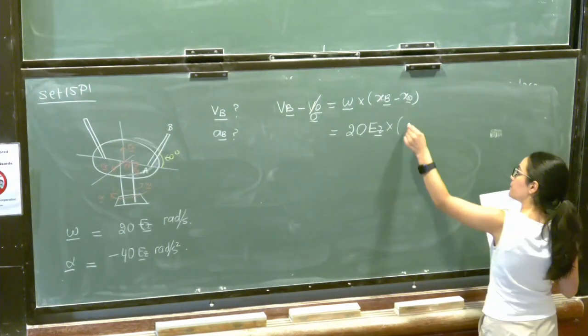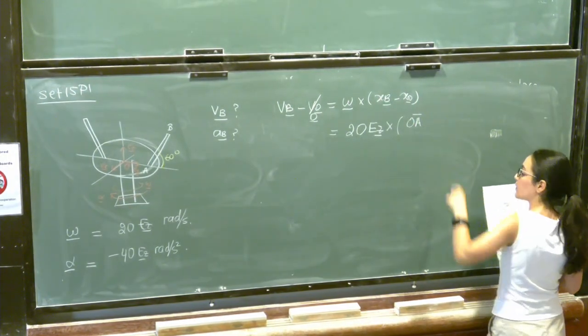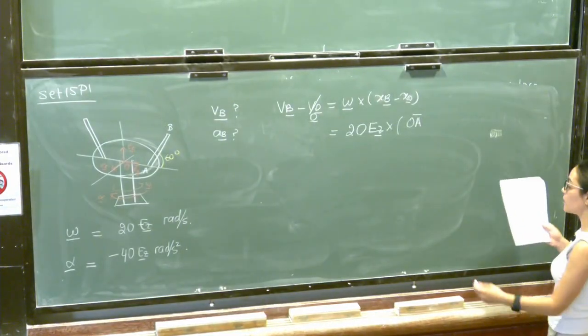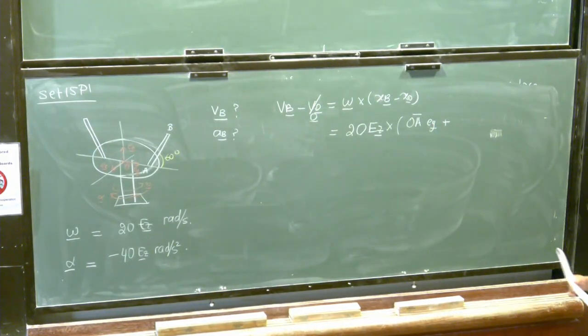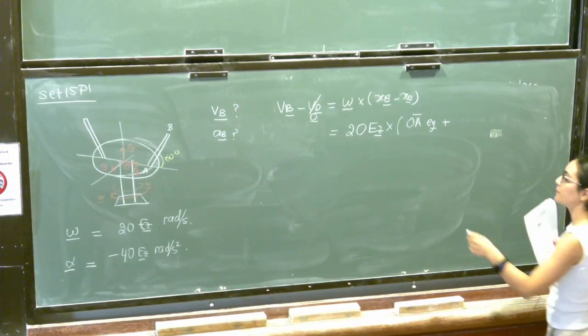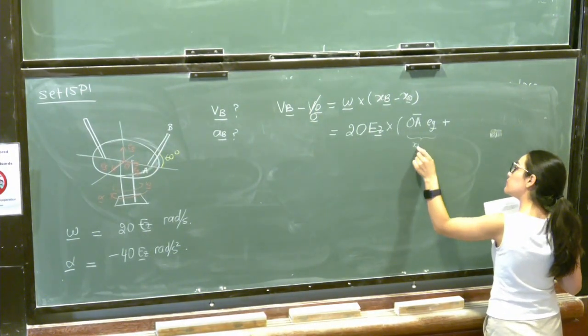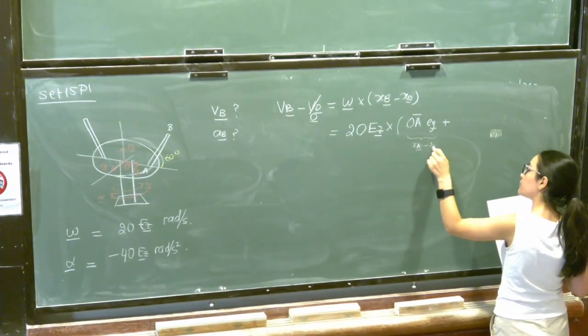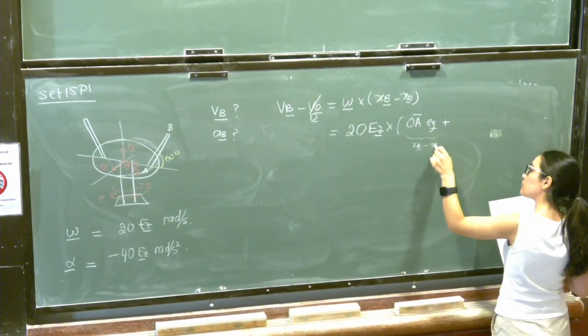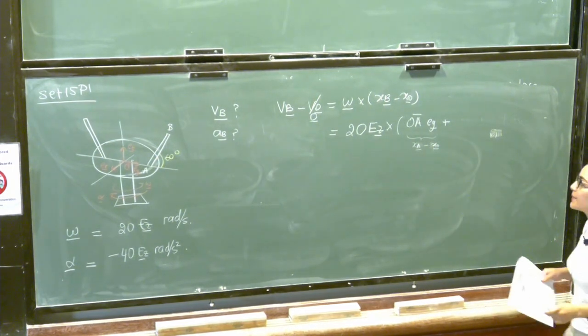OA along my corotational EY. So that's XA minus XO. And what about XB minus XA?